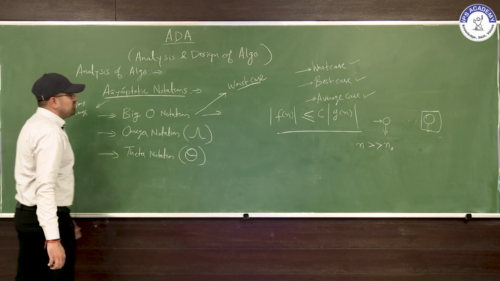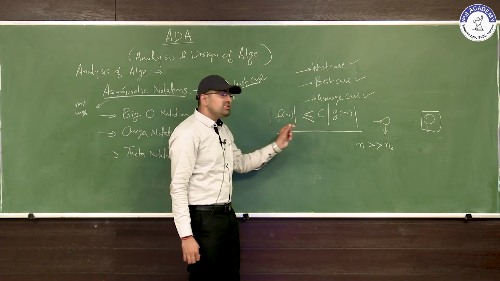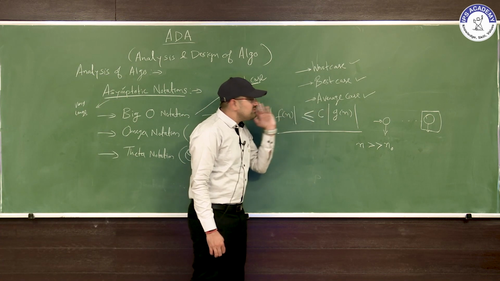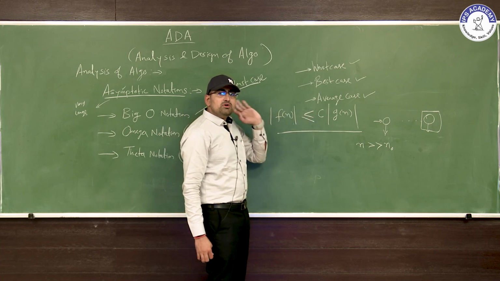Yeah. So before understanding this inequality, we must understand what these f of n and g of n are, right? And c is some constant, right?